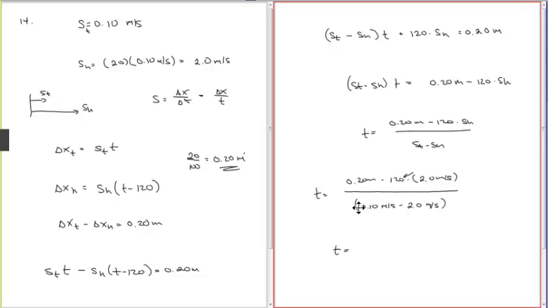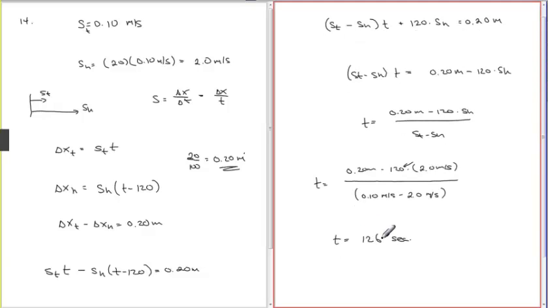So now we do the calculation. 0.2 minus 120 times 2, and we divide that by 0.1 minus 2. And the time we get is 126 seconds. So the hare actually only runs for 6 seconds. And then he rests for 2 minutes and finally decides he better go across the finish line. Okay, so that's the answer to part A.